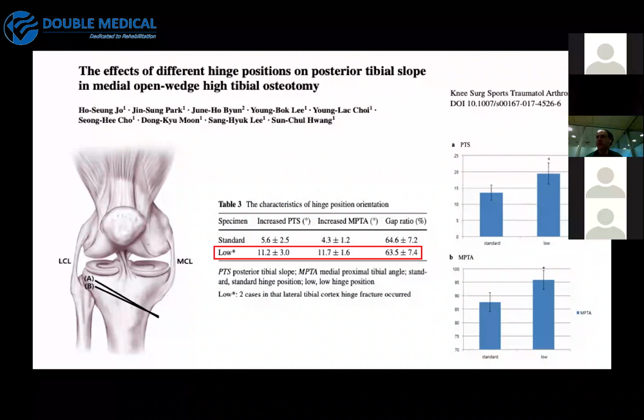Another issue is the fractures of the lateral hinge in the open wedge osteotomy. We see that with the A in the figure on your left, this is an ideal point, 15 to 20 millimeters from the articular surface. And in this study, they checked what happens if the spot we choose for the hinge is below that. And they found that it will increase the posterior slope.